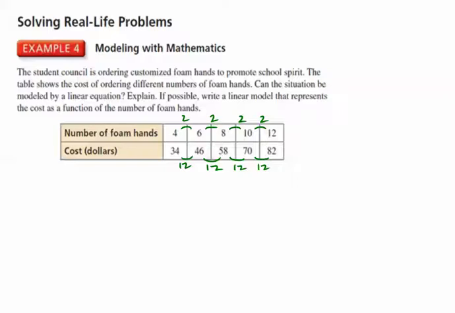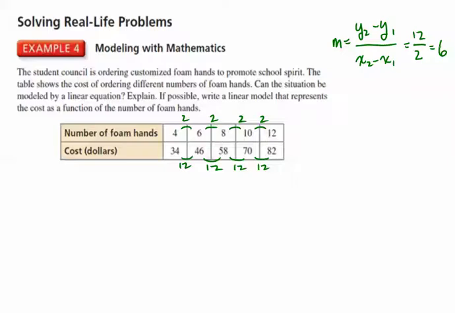Now you recall that slope is the change in y between two points over the change in x between two points. So we can see here that the change in y between each pair of consecutive points is 12. The change in x is 2, so that means that our slope is 6.